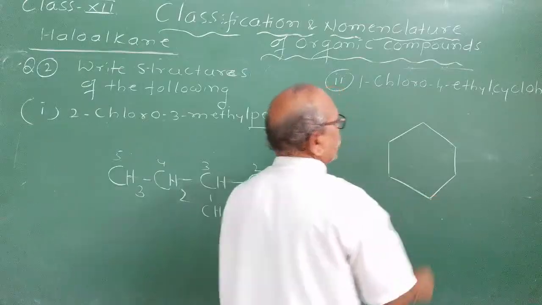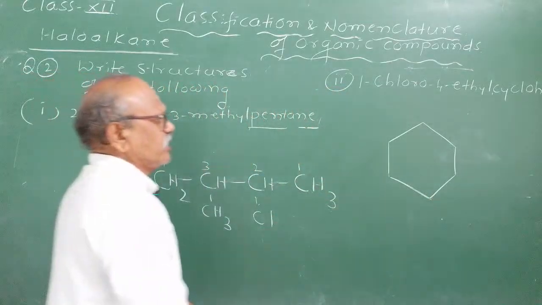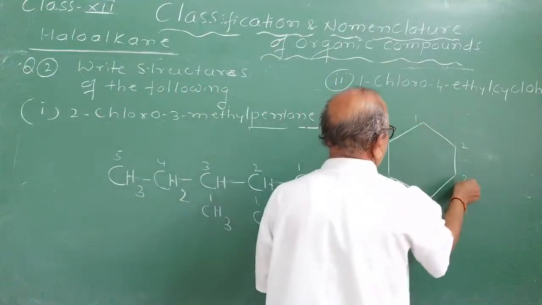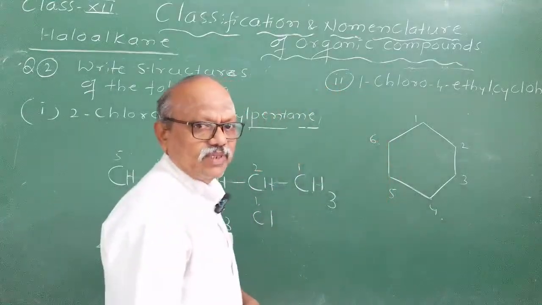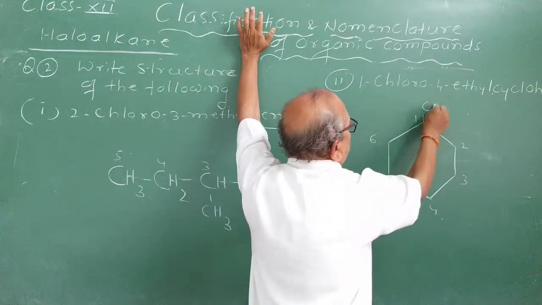This is cyclohexane. You can start numbering from any end: 1, 2, 3, 4, 5, 6. To the first carbon atom, you write chloro, that is Cl.